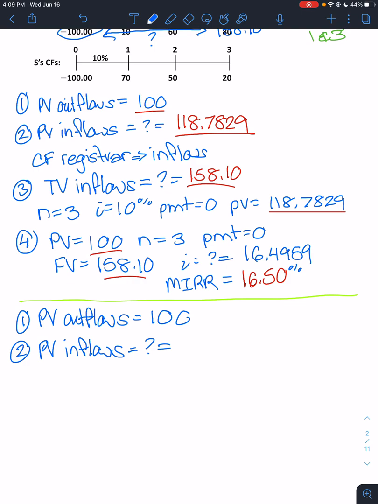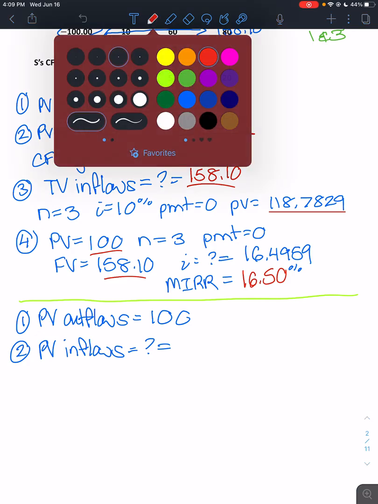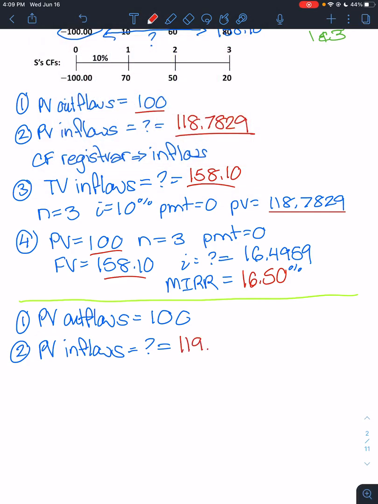So make sure again that year 0 is 0. So 70 for year 1, 50 for year 2, 20 for year 3. Go ahead and compute my NPV. I get 119.985.